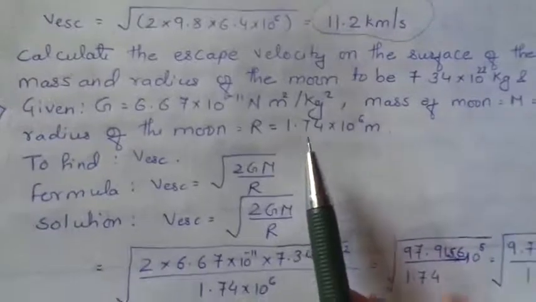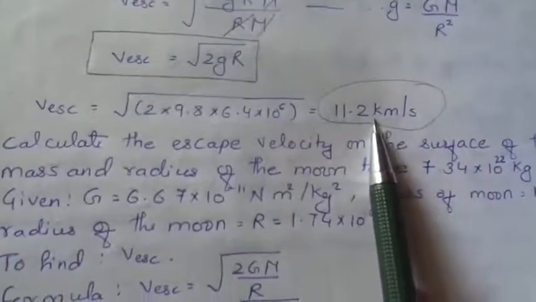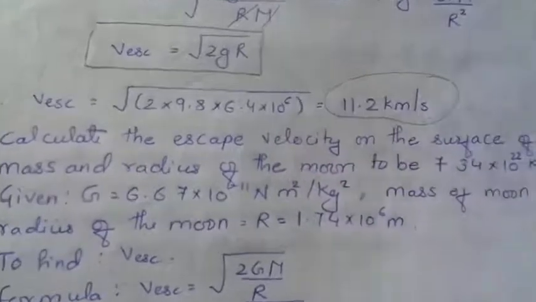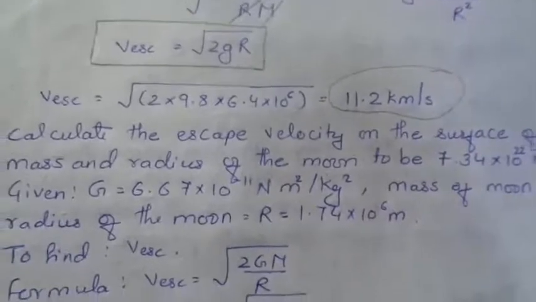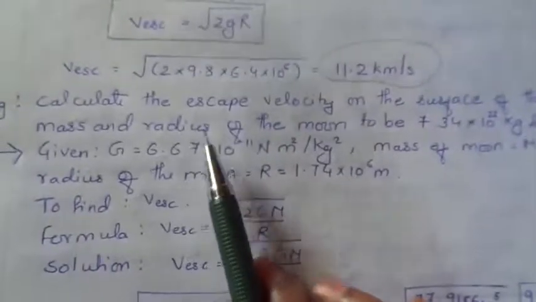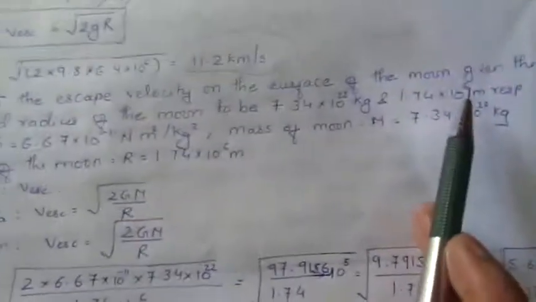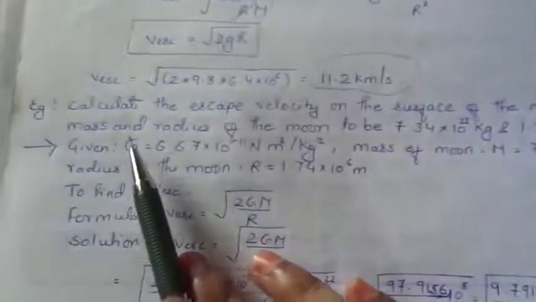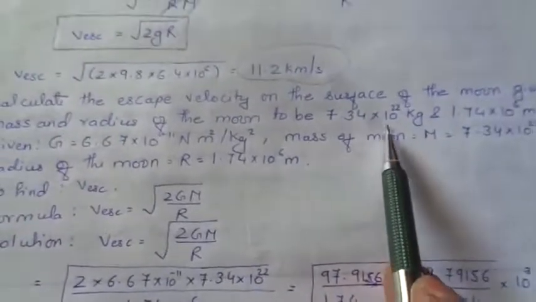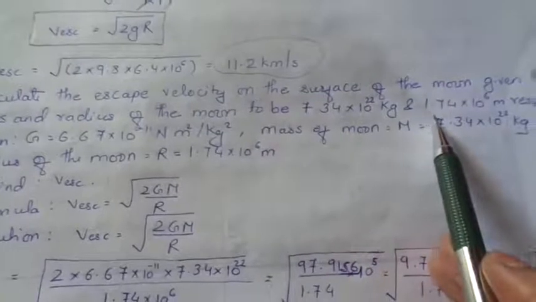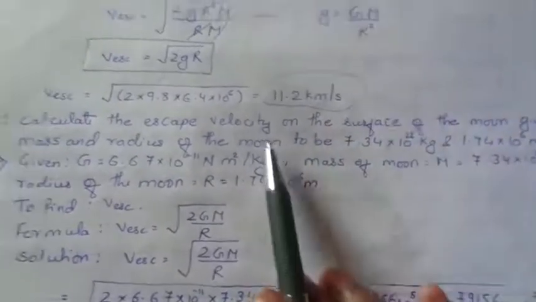Now here is one numerical problem. This was the escape velocity of the Earth, 11.2 km per second. Now your problem: calculate the escape velocity on the surface of the Moon, given that the mass and the radius of the Moon are 7.34 into 10 to the power 22 kg and 1.74 into 10 to the power 6 meter respectively.